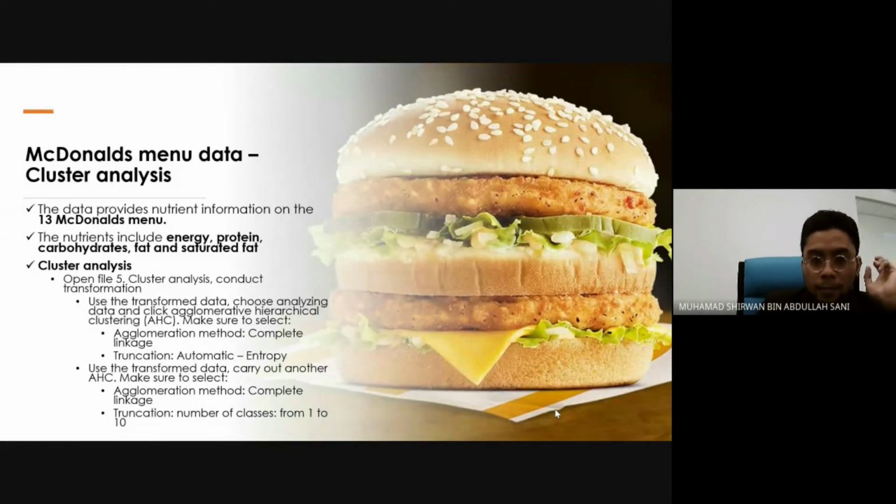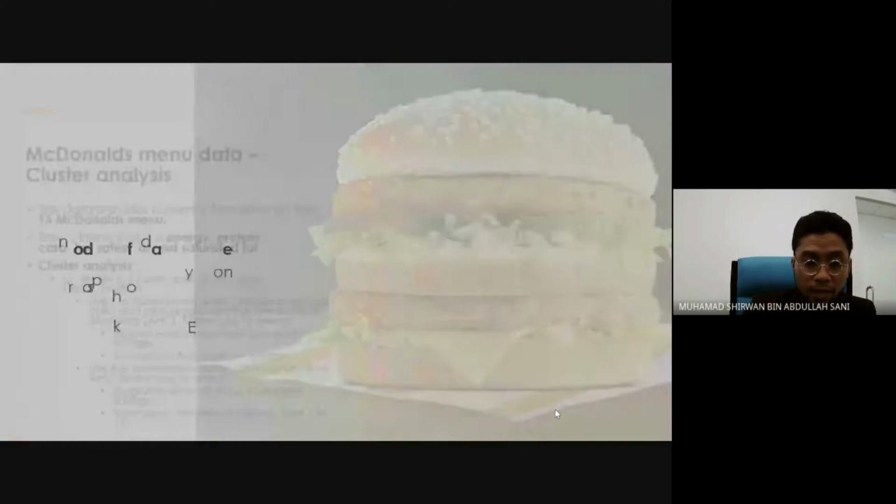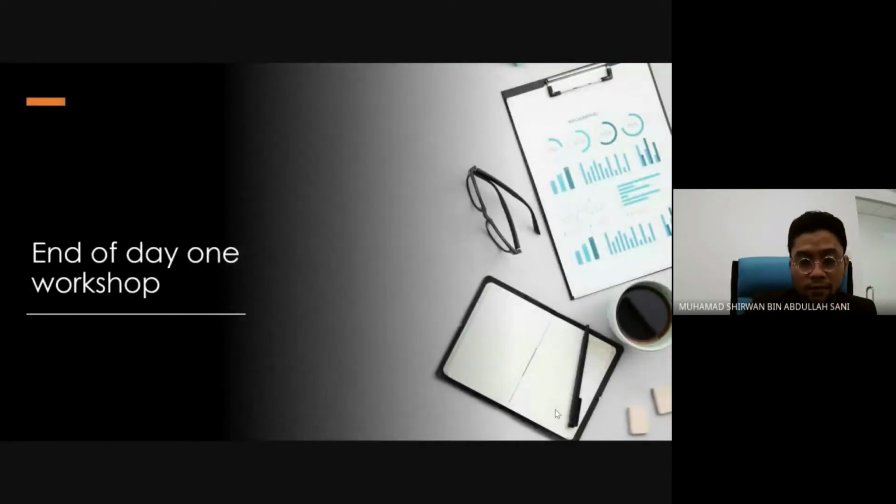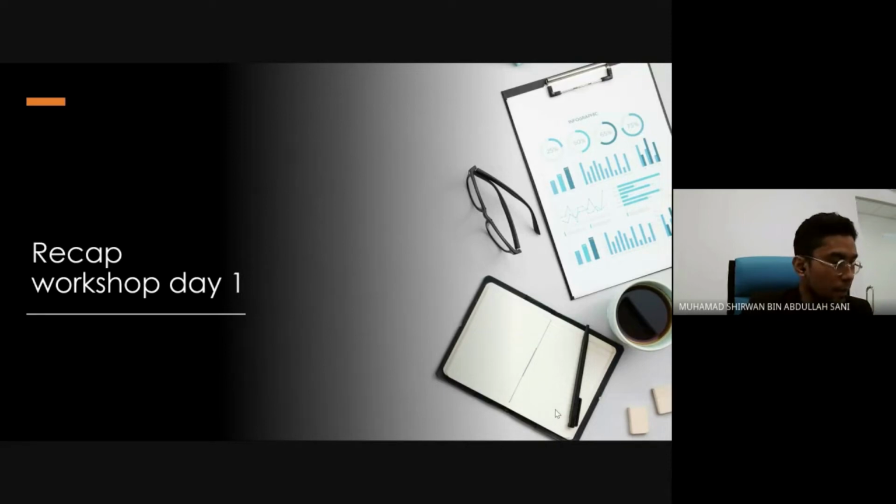We showed you how we can conduct AHC or cluster analysis in automatic mode, and then we pushed the system, telling it we want 10 groups. So the results that we got yesterday can be complementary to the PCA. Okay, so that's the end of what we learned yesterday. I hope that you can recap all of this.